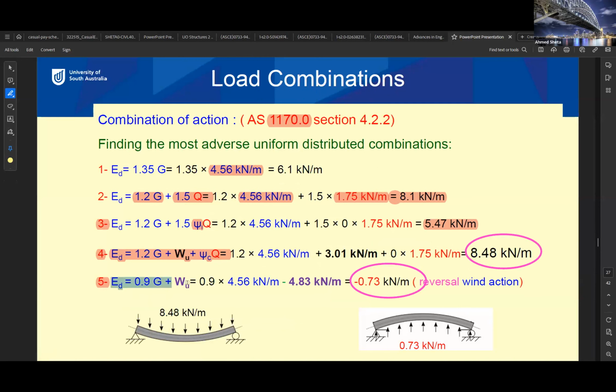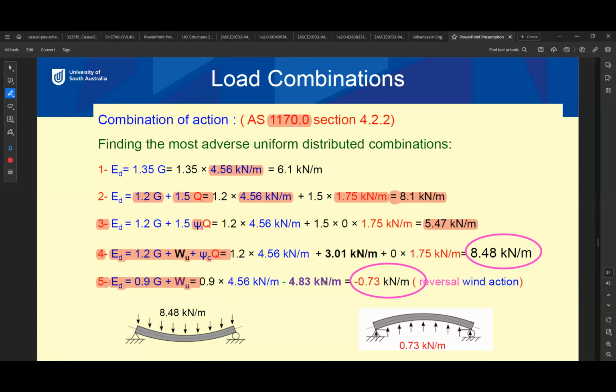In number 5, what is the difference between 5 and 4? 4 is for wind inward, 5 is for wind outward. So we have 0.9 G plus W ultimate. Which W ultimate, negative or positive? Negative, which was from our calculation 4.83.